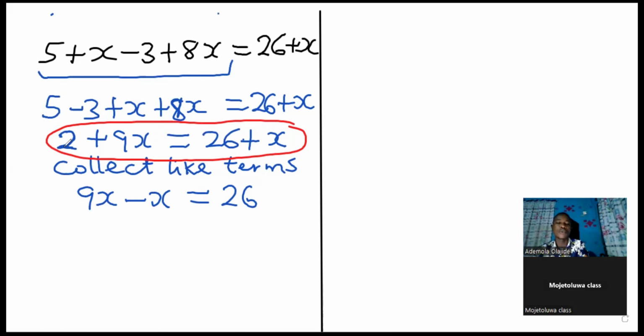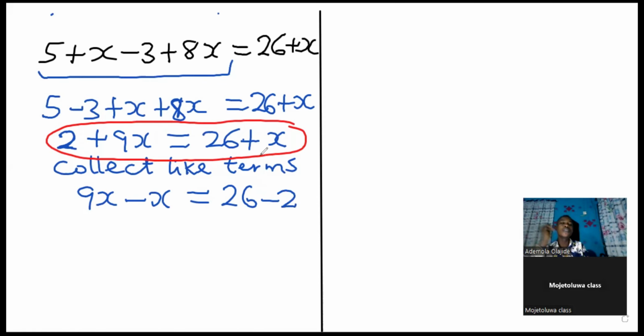Is it -2 or +2 when it leaves this place for the right-hand side of the equal sign? So that's going to be -2. Why is it -2?